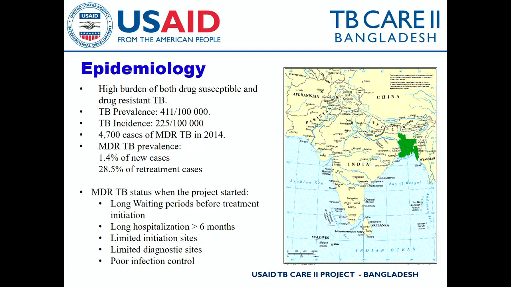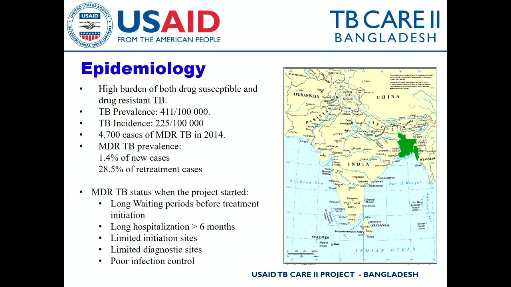Now, just a little bit about the epidemiology of TB in Bangladesh: high rates of tuberculosis, especially for MDR-TB. This is updated data. The TB prevalence stands at 411 per 100,000 with an incidence of 225 per 100,000. And in 2014, 4,700 cases were confirmed or diagnosed with MDR-TB.